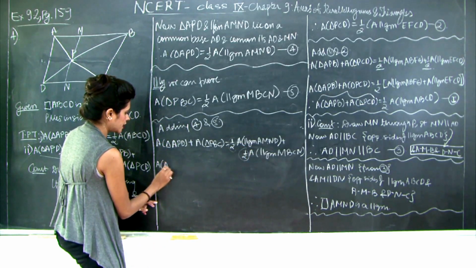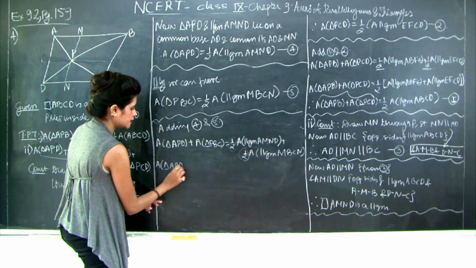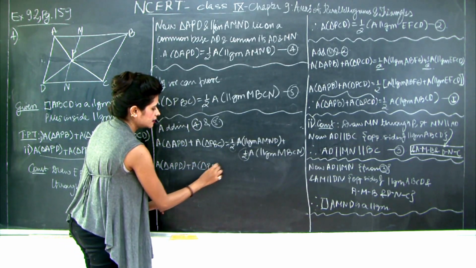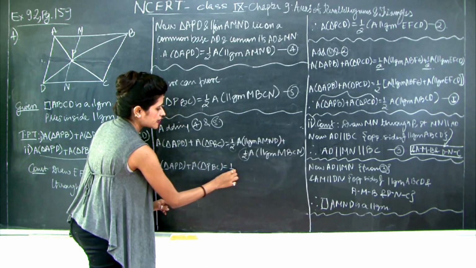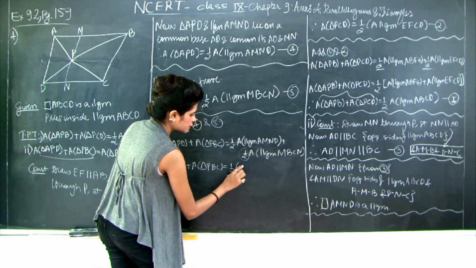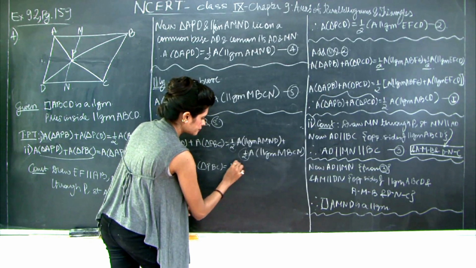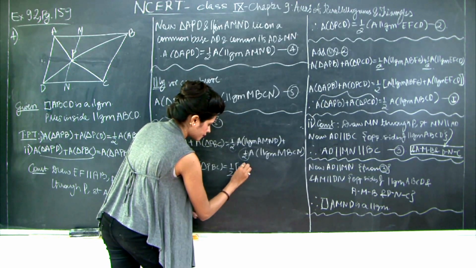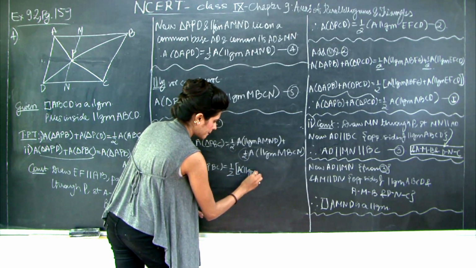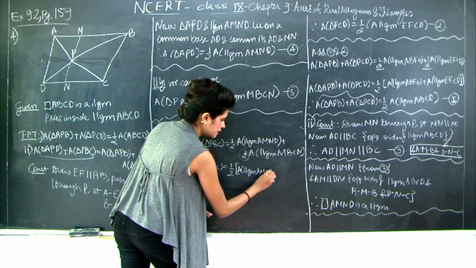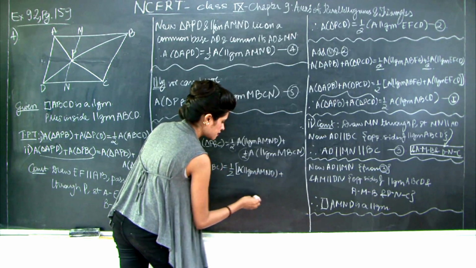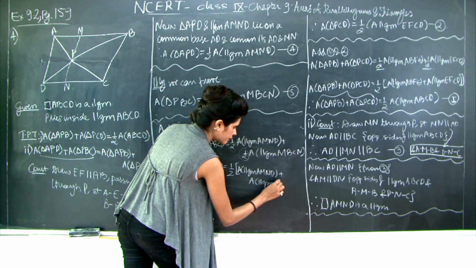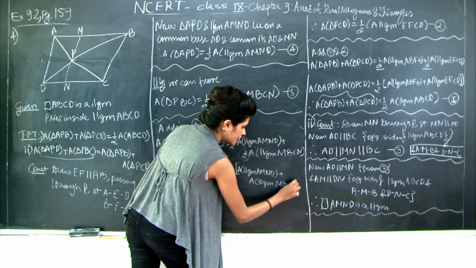Area of triangle APD plus area of triangle PBC is equal to half outside area of parallelogram AMND plus area of parallelogram MBCN.